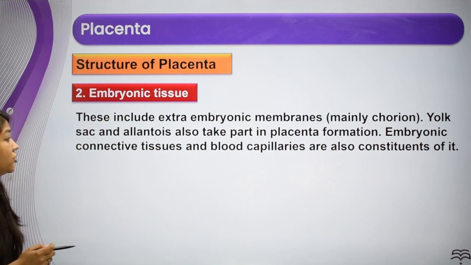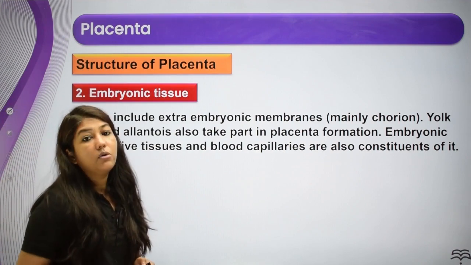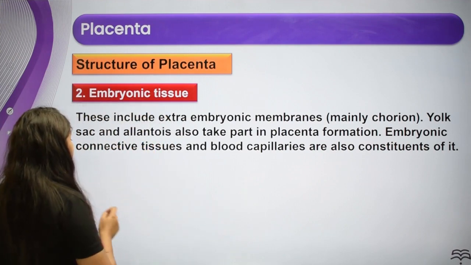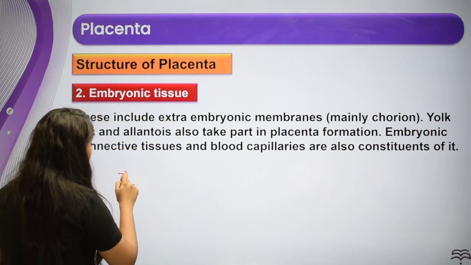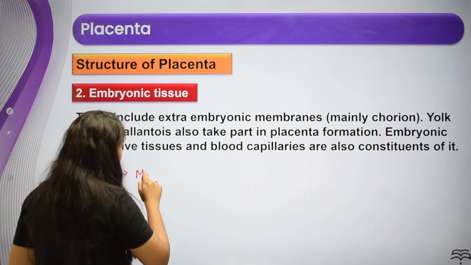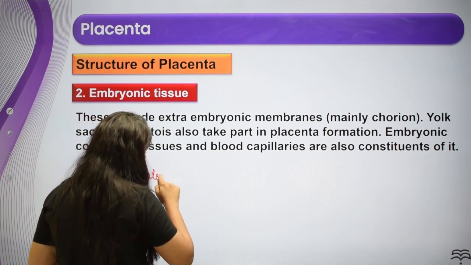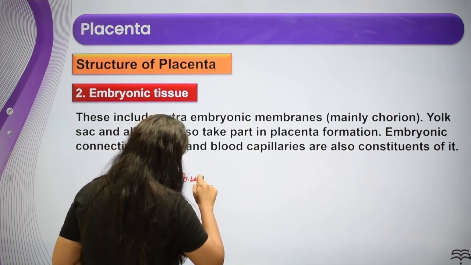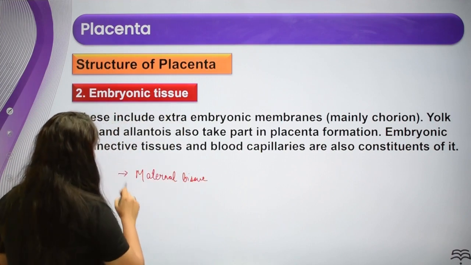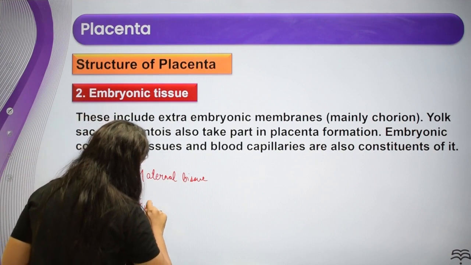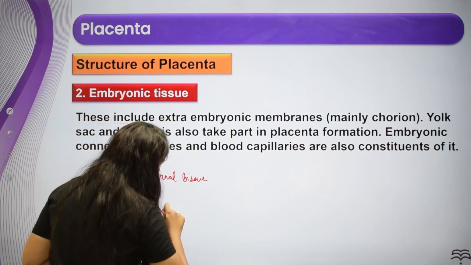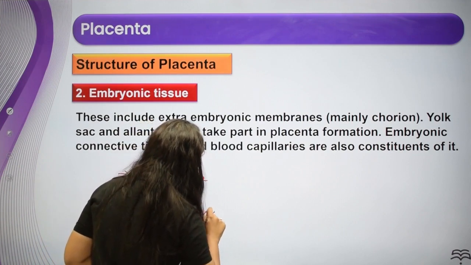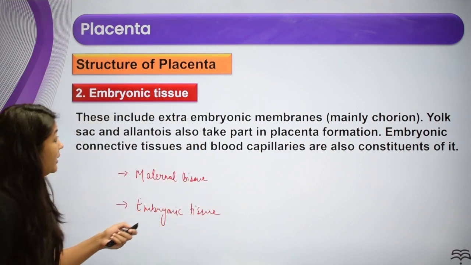Embryonic connective tissue and blood capillaries are also constituents of it. तो दो चीज़ें हैं, बहुत सिंपल सी याद रखना है. प्लेसेंटा किससे बना हुआ है? It is made up of maternal tissue also, and it is also made up of embryonic टिश्यू. तो दोनों में ही हम लोग देख चुके हैं कि मेटर्नल टिश्यू में क्या बना रहा है और एम्ब्रियोनिक टिश्यू में क्या पार्टिसिपेट कर रहा है.